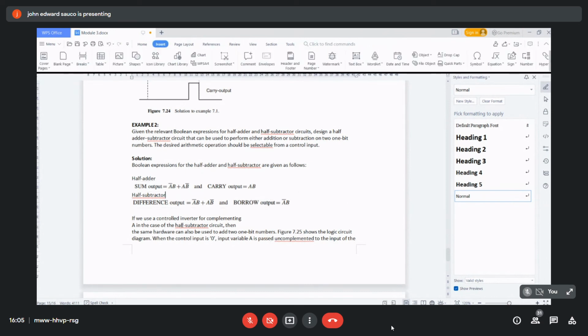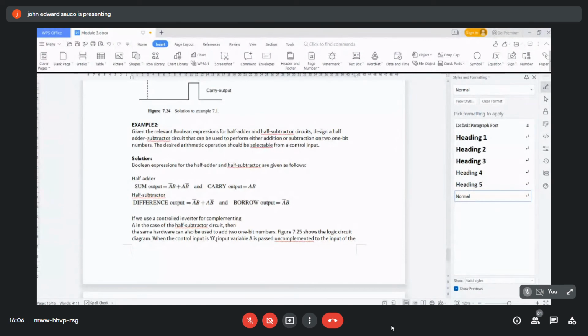So, if we use controlled inverter, siyempre, gagamit tayo nun para maging adder subtractor. In the case of half subtractor circuit, so dito sa half subtractor, yung A daw, then the same hardware can be used to add two 1-bit number, figure 7.25 shown, logic circuit diagram.